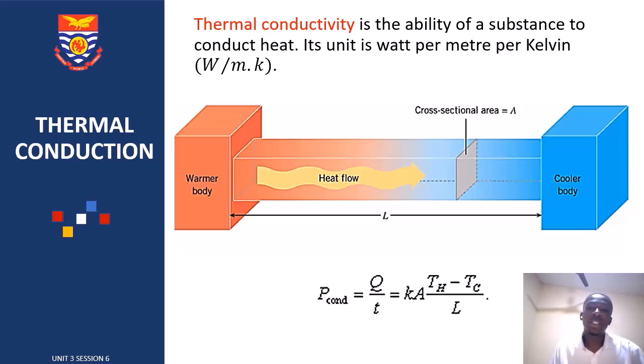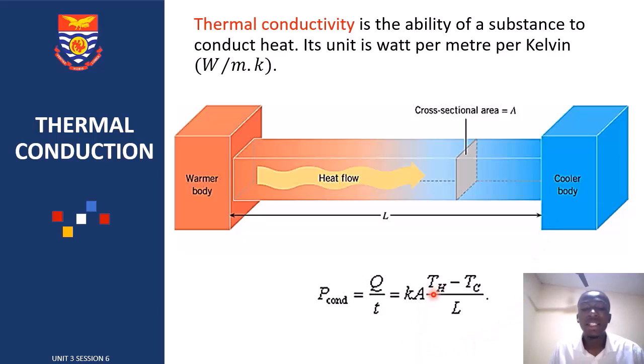A series of experiments has shown that the conduction rate, or the rate of heat flow P, can be given by this expression. Thus, P equals Q over t equals kA(Th minus Tc) over L, where L is the length between the warm body and the colder body.